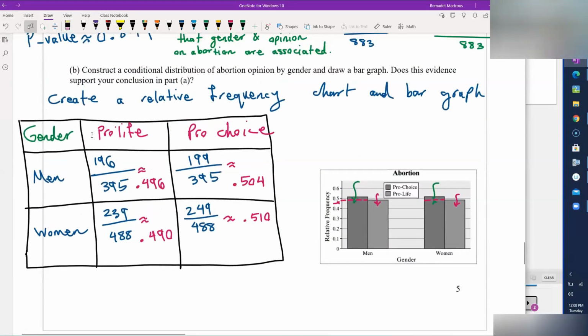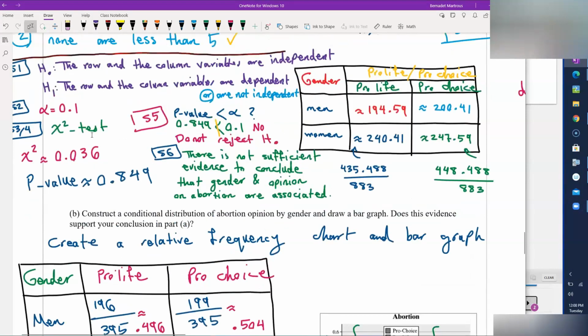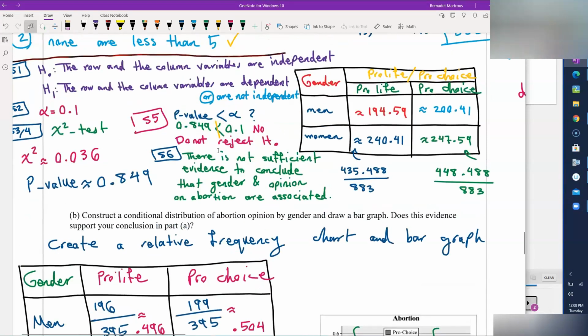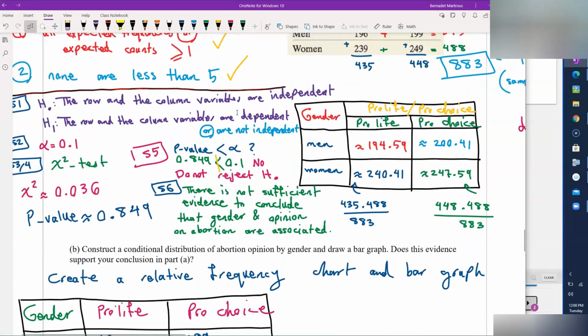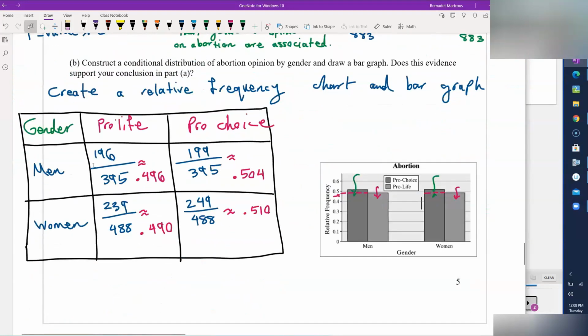And does the evidence support your conclusion in part A? What we had in part A was that we're not going to reject the null, so these two, row and column, are independent. As you can see, if we compare men and women, the answers are very close. For men, pro-life is 0.496, and for women it is 0.490. So these are very close numbers.